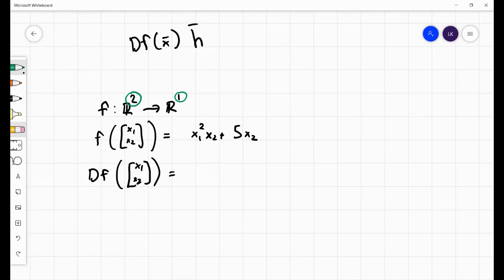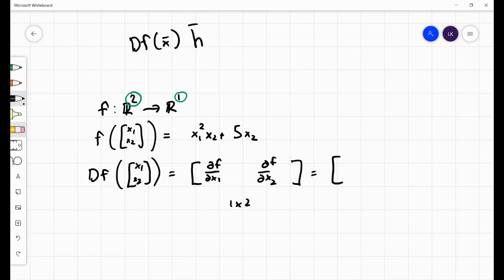So 1 by 2, and the components of this 1 by 2 matrix will be the derivatives of your one output component function with respect to x1 and x2. It's exactly like the gradient that we did in the previous example.